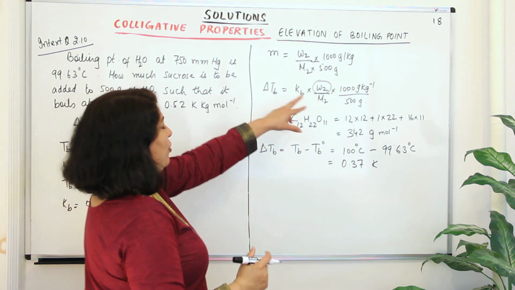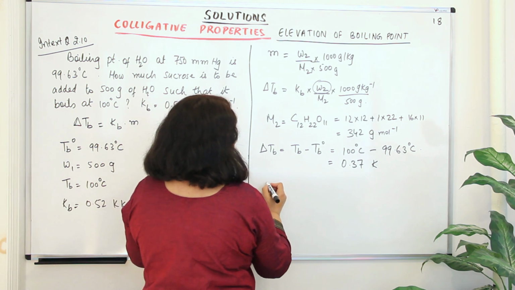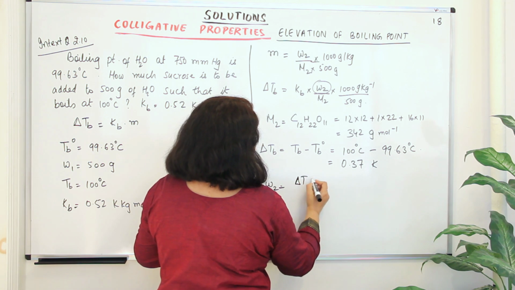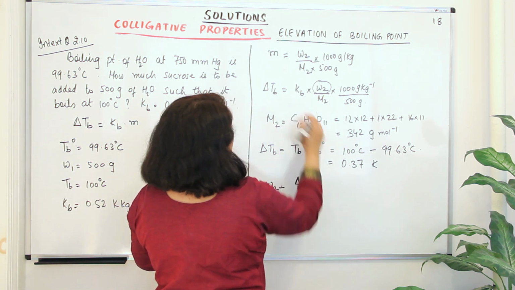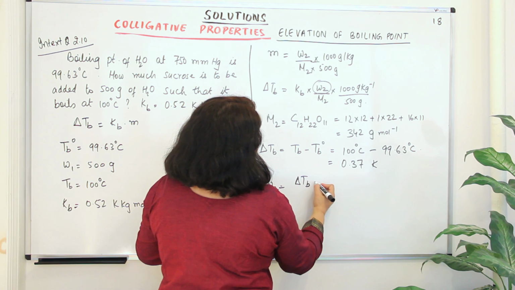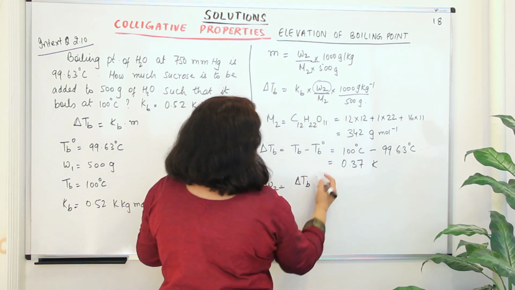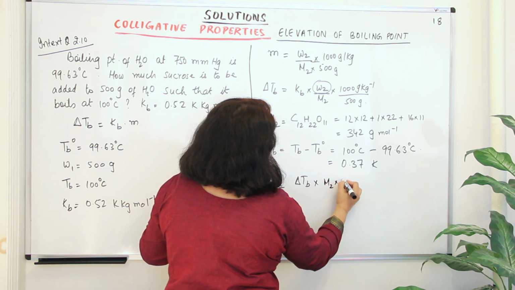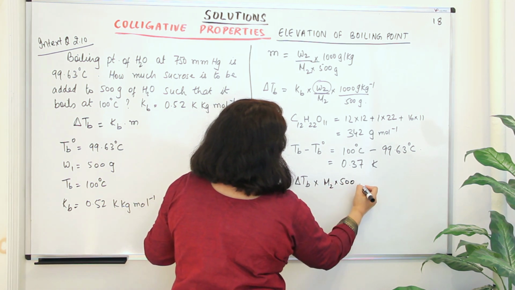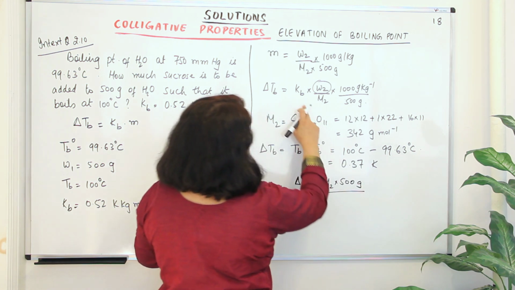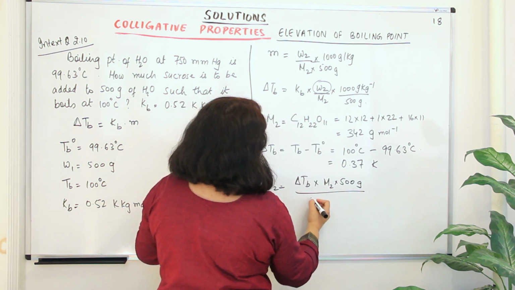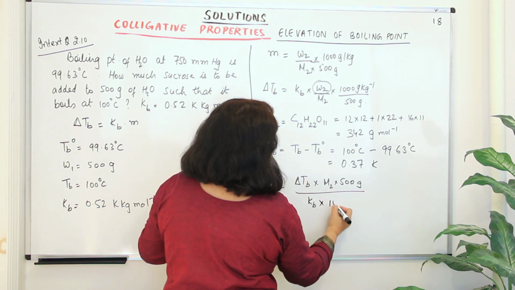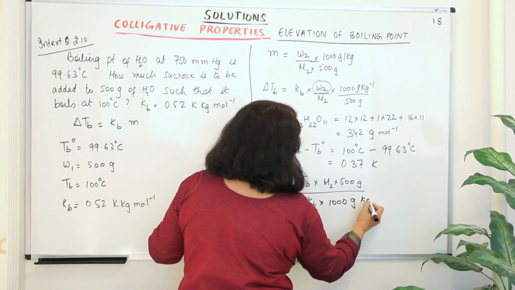So rearranging this equation, what would W2 be equal to? Delta TB, everything else goes on this side. So W2 equals delta TB into M2 into 500 grams, upon Kb, which comes down, into 1000 grams per kg.